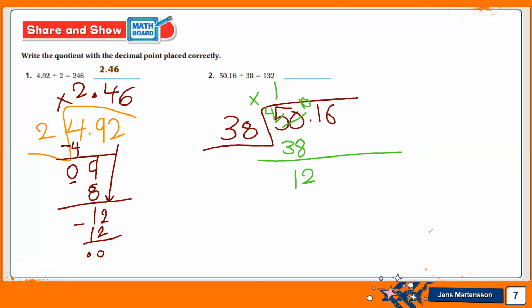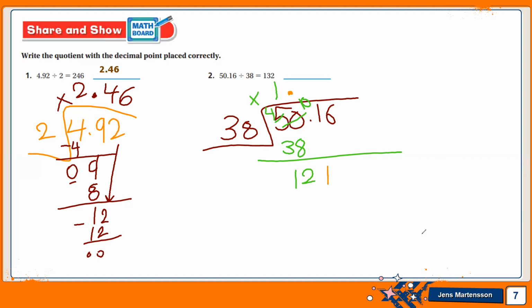Thank you. Then, what do you have to do next? What is the small thing that you have here after the 0? The decimal point. Bravo, you have to put it up.